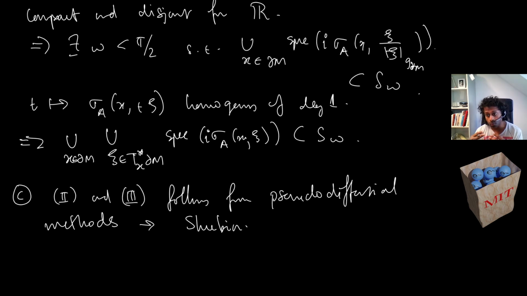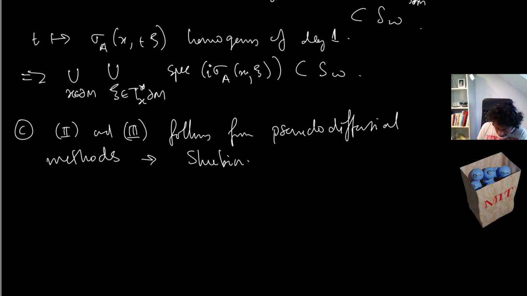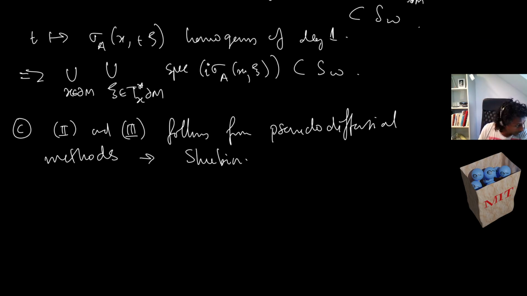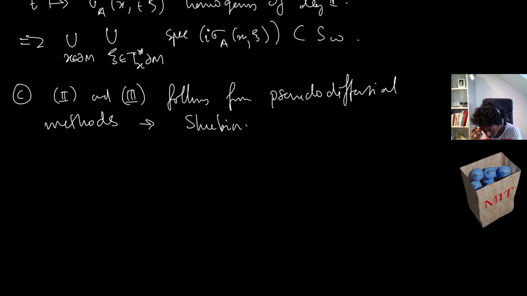So there is a way of going from understanding where the symbol of an operator sits to understanding where the L2 operator sits, as long as things are compact. Okay, so we're in a compact manifold without boundary, and that's why we can get all of this to work. And of course, we have to have a ball of error, right? So I'll talk about that in a remark right at the end, where this ball of radius r comes from. Okay, because here we've only talked about the principal symbol.